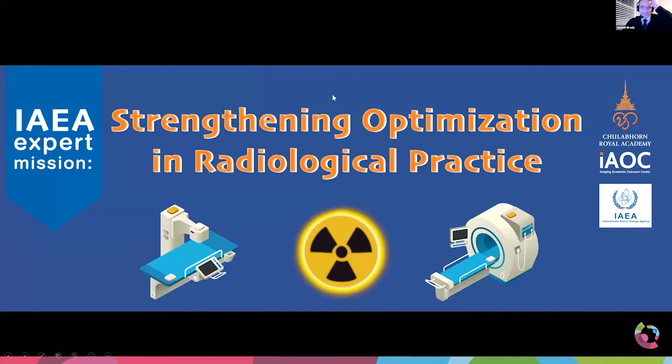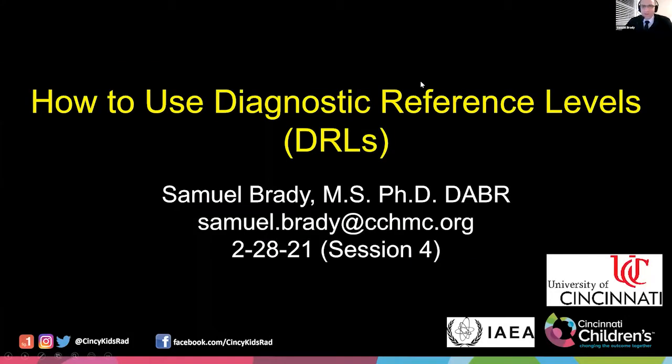Okay, so there we go. My next topic is really just an extension of the first talk. How do we use these DRLs and the values that Dr. Panrutai discussed and demonstrated? I have several examples from her slide deck, and we're going to talk broadly and globally.